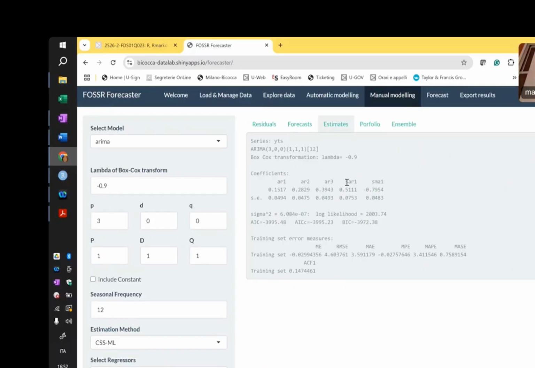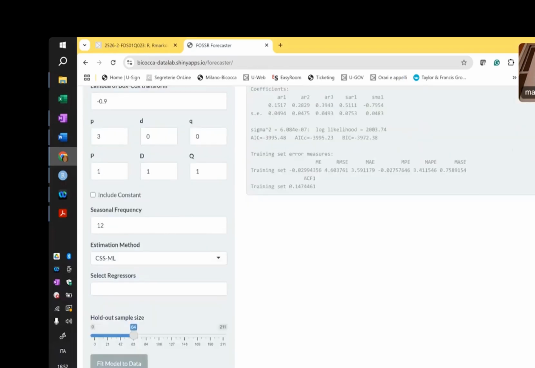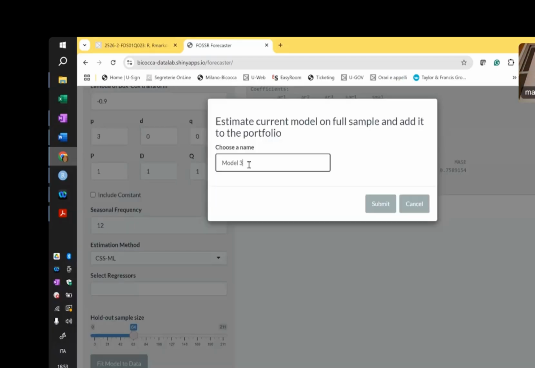All coefficients seem to be significant. And then we can add this as, I don't know, ARIMA 2.